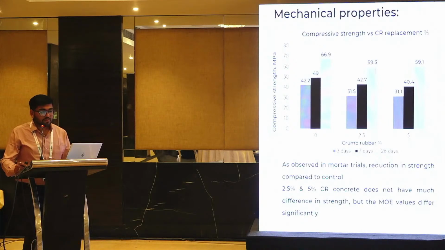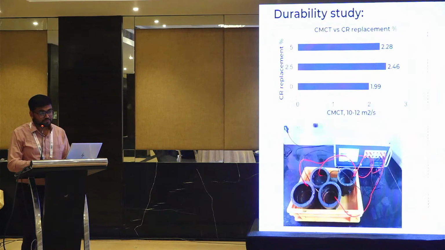If you look at the strength of the concrete, we have done the compressive strength, cylinder strength, and modulus of elasticity. When you compare it with the control, the complete fine aggregate mix with the crushed sand, there was a reduction in strength by 7 MPa, but irrespective of 2.5 or 5%, the strength reduction was not much. The same thing is reflected in the other test results.